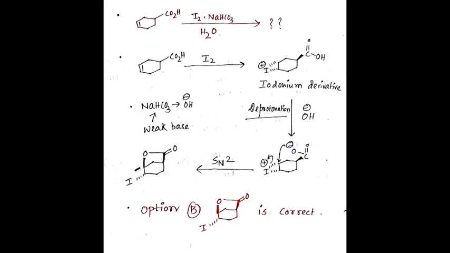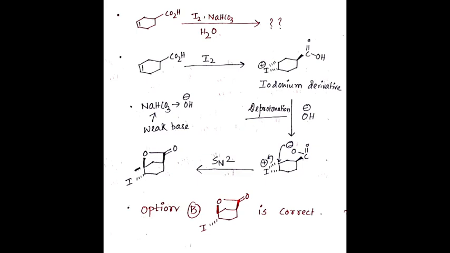Okay, and after the formation of the iodonium derivative, in the presence of sodium bicarbonate, which acts as a base, it readily deprotonates the carboxylic acid group and mainly forms the carboxylate anion.